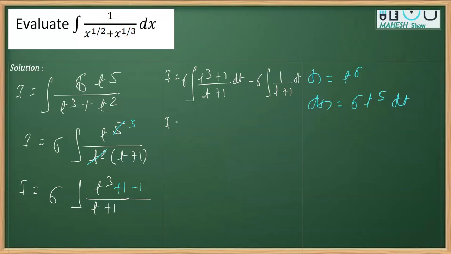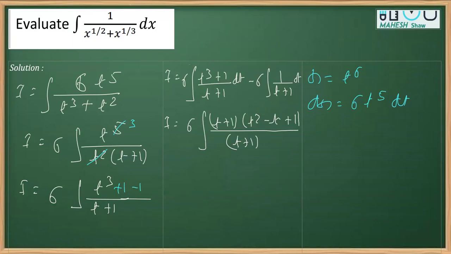So I is equal to... to solve it further, I'm doing the expansion of this by applying a cube plus b cube, which is a plus b, bracket a square minus ab plus b square, divided by t plus 1.